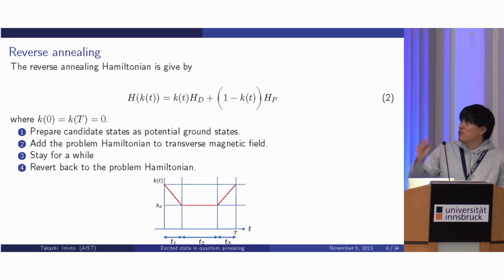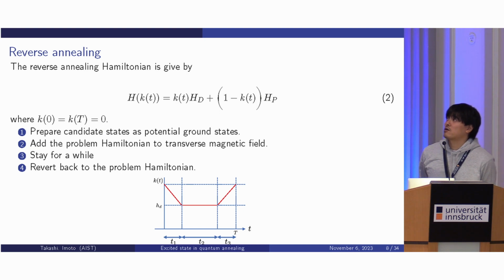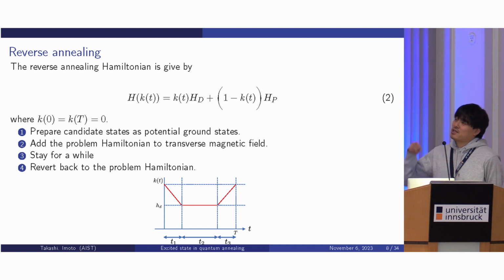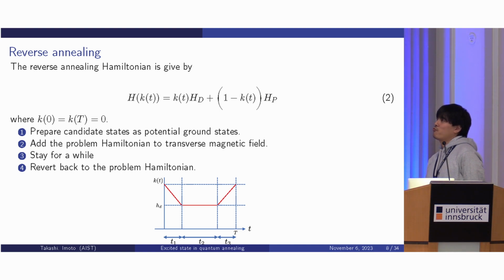First, we prepare the candidate state as a potential ground state. Next, we add the transverse magnetic field to the problem Hamiltonian, and next, we keep the state to stay for a while. Finally, we reverse back to the problem Hamiltonian.